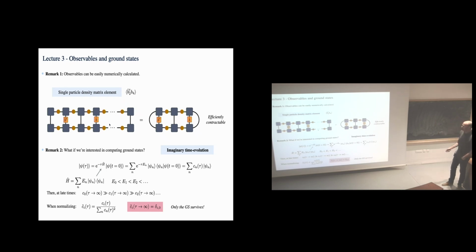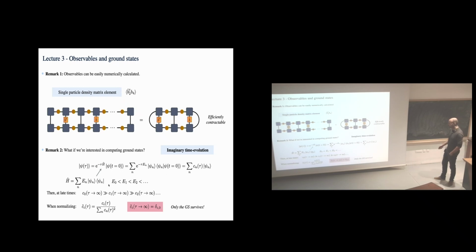So what if I have these gates? I have this Suzuki-Trotter decomposition. And instead of evolving with e to the minus i times t times H, I just look at the evolution operator e to the minus tau H, right? So a non-unitary operator. If I apply this operator to my initial state, whatever this state may be at time 0, and let's just assume that this state has some overlap with the ground state in the system, then I can expand this state psi at t equals 0 again in the eigenfunctions of my Hamiltonian.